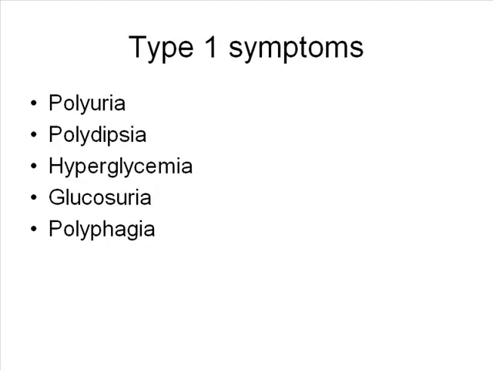So we know it can be genetic. It is on the chromosome, type 1. Polyuria, polydipsia, hyperglycemia, glucosuria, polyphagia. Those might all appear on today's test, right?